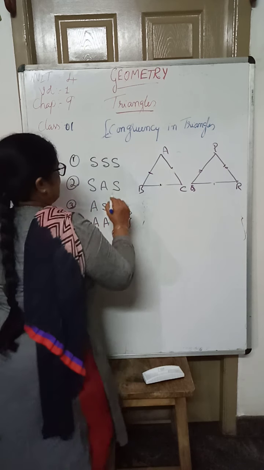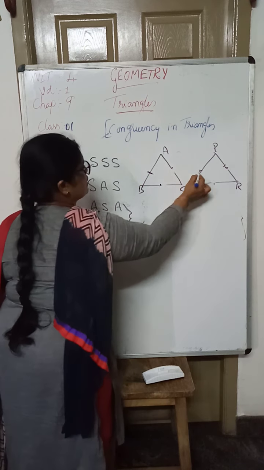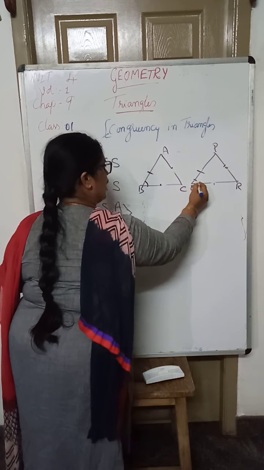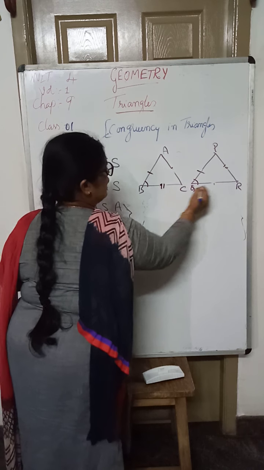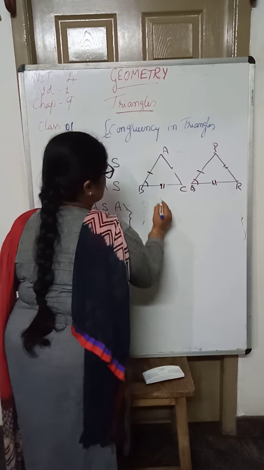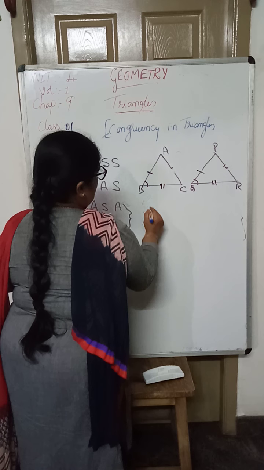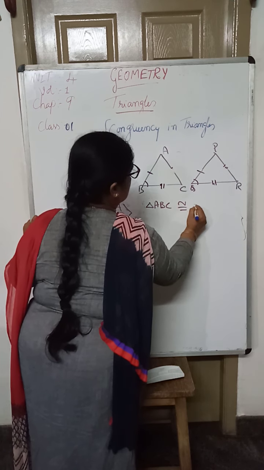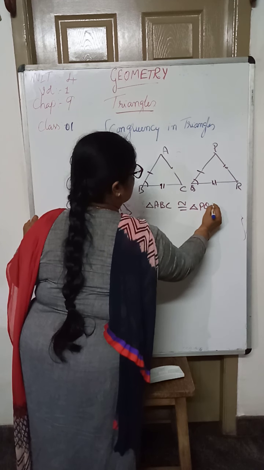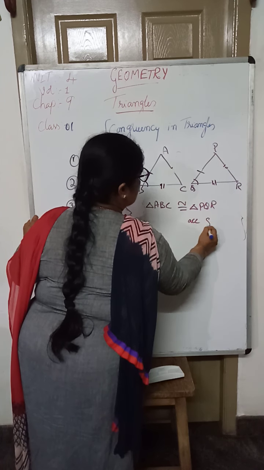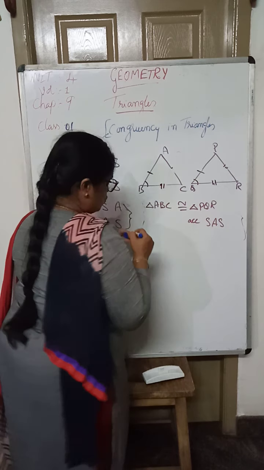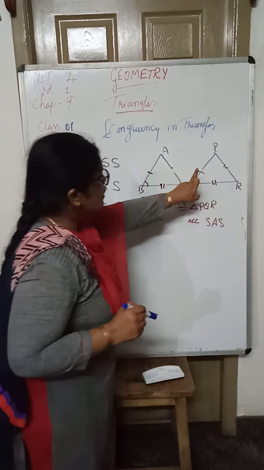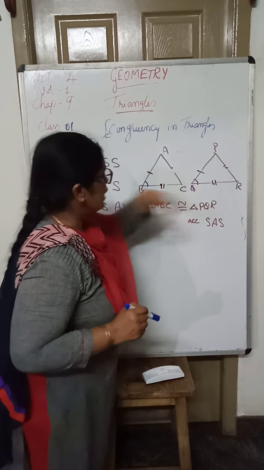Next is SAS, means if AB is equal to PQ and angle B is equal to angle Q and BC is equal to QR, then triangle ABC is congruent to triangle PQR according to SAS. How it has to be observed: side, angle, side. Here also in the same way, side, angle, side.